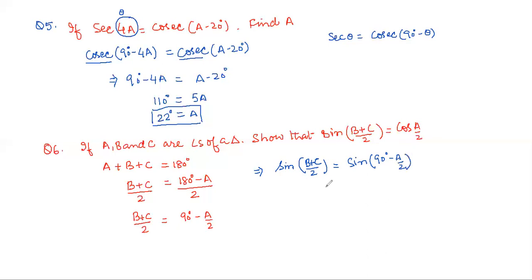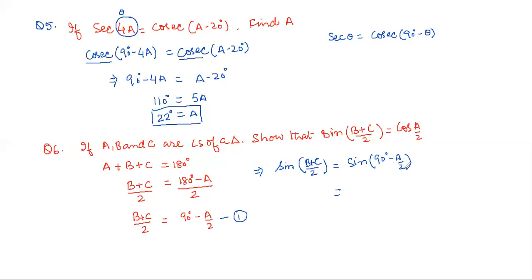Children, if you are able to understand it like this, well and good. If you are not able to understand like this, let's suppose that this is 1 and I am putting the value of sine B plus C by 2 here. So sine B plus C by 2 will become, in place of B plus C by 2, I can write 90 minus A by 2. Now read this as theta, sine 90 minus theta.